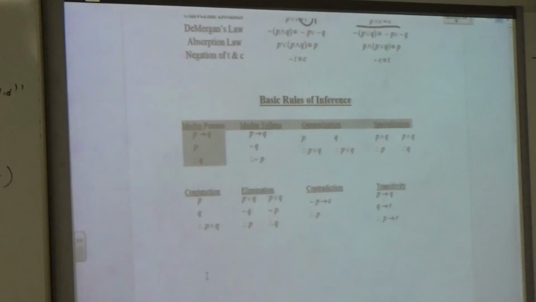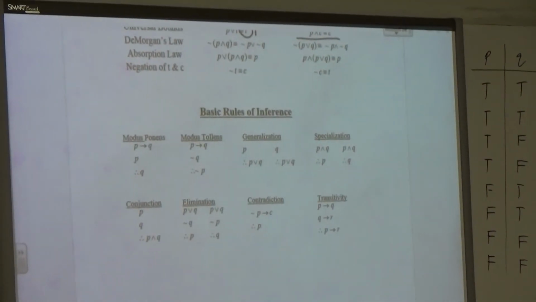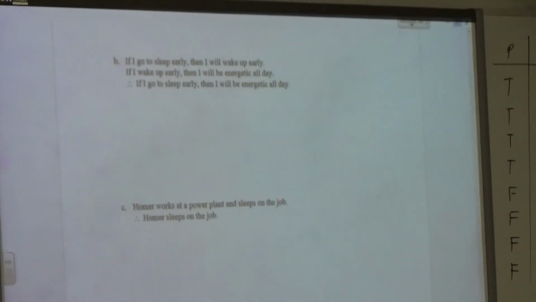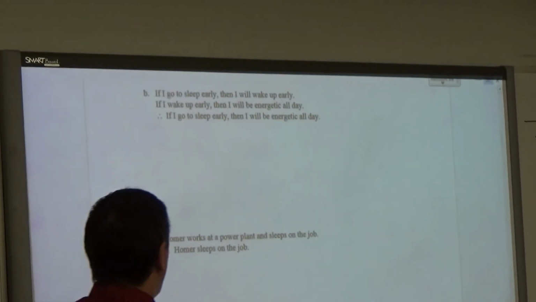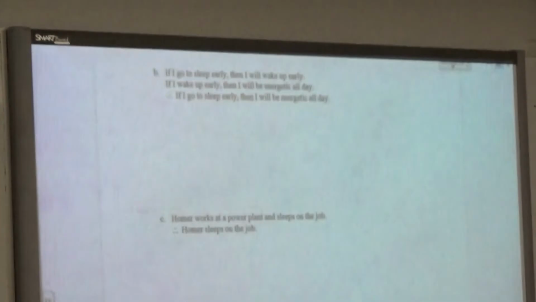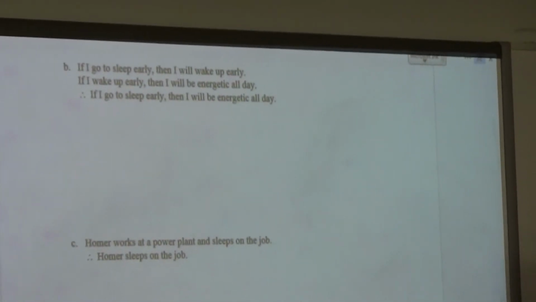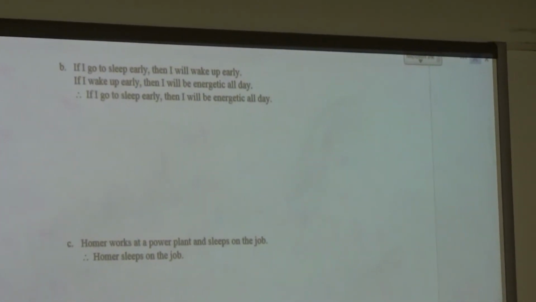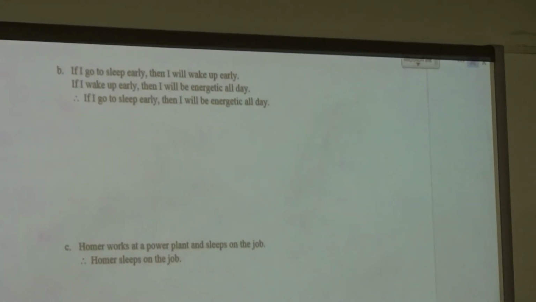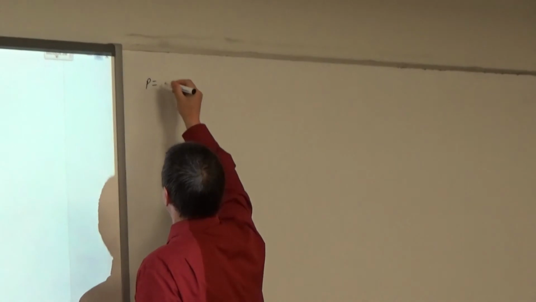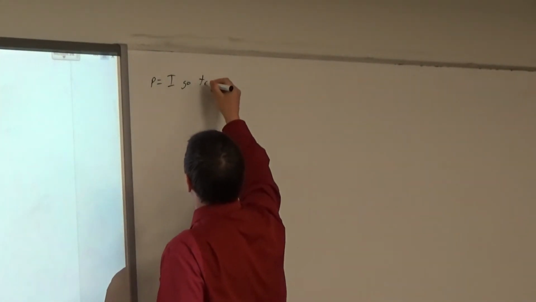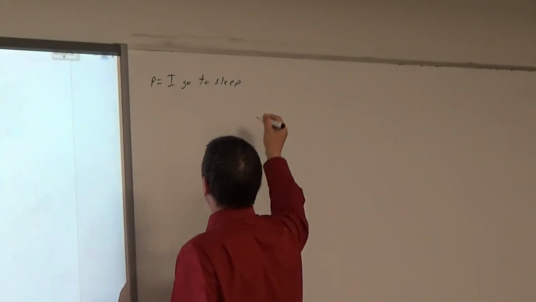Like we said, I believe the next one has 3 statements in it. So I think one of them is going to be, I go to sleep early. Let's go ahead and knock this one out. Let's say P equals I go to sleep early.